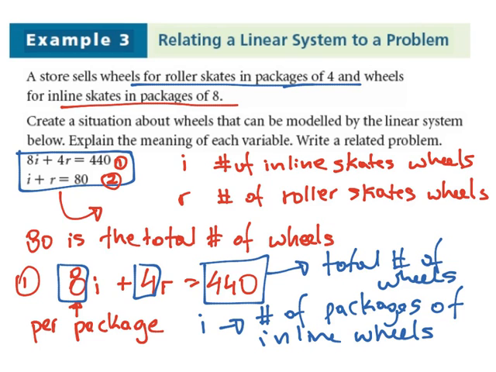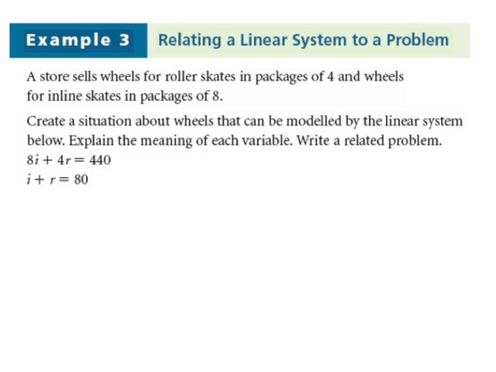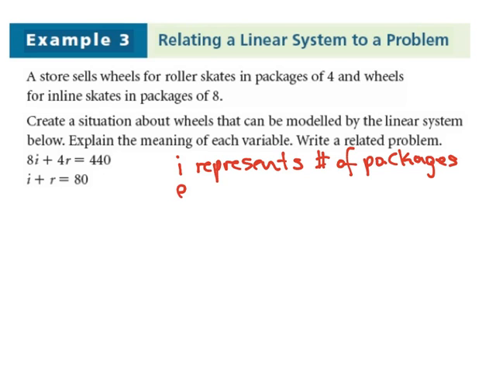So let's restart the problem. This was just sort of brainstorming, so let's clear all the drawings and we'll restart. Now I represents the number of packages of inline skates.